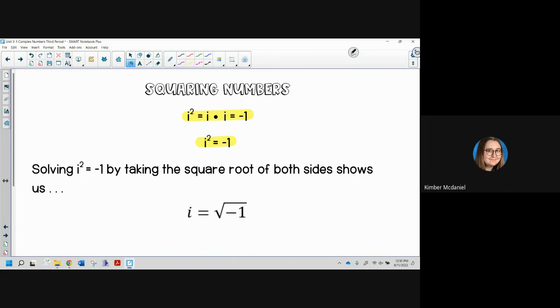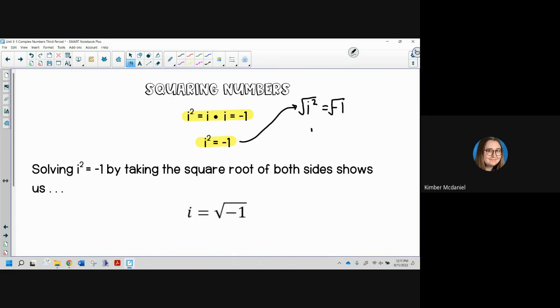But i squared equals i times i, which like we stated on that first introductory slide, equals -1. Now, if we take i squared equals -1, which you can keep writing underneath, and we solve for i by taking the square root, because we're going to hear this more in future units, remember, square root undoes an exponent of 2.